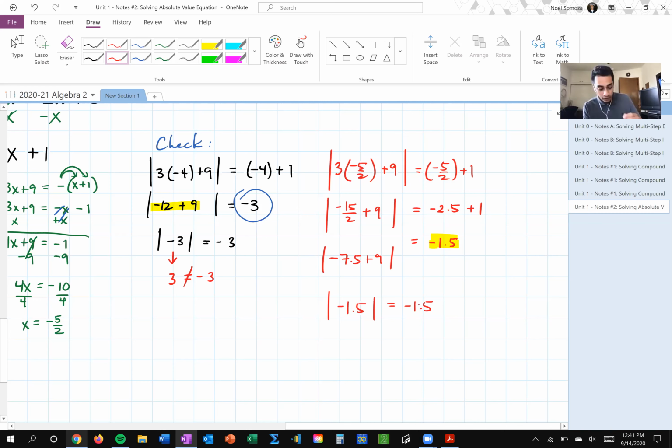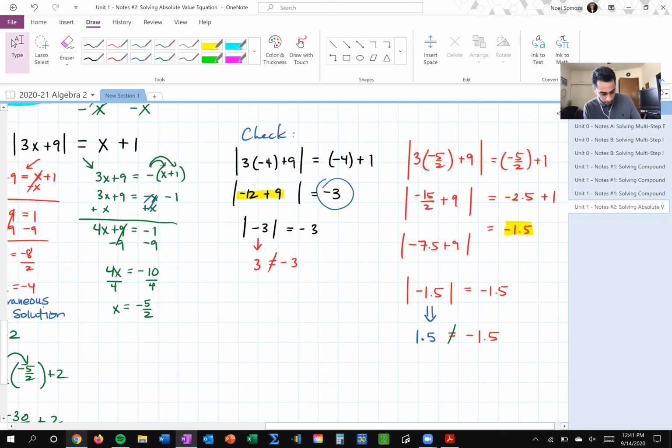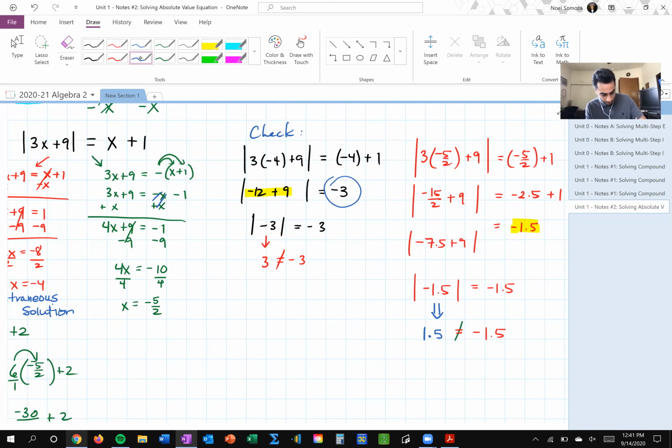But we know that then the absolute value of negative 1.5 turns this into a positive 1.5, and that is not equal to negative 1.5. So we actually ran into a pretty unique question here where both of the solutions that we got were extraneous.